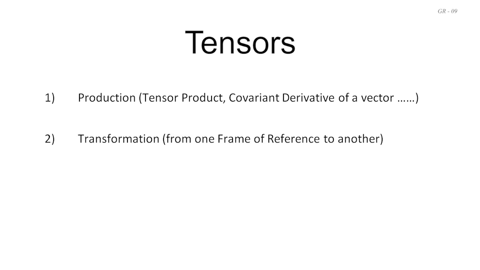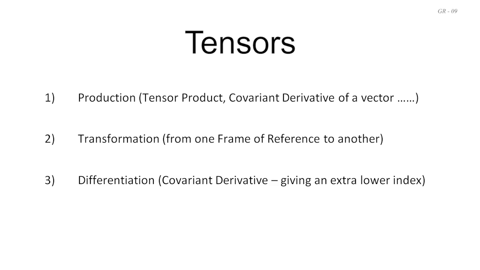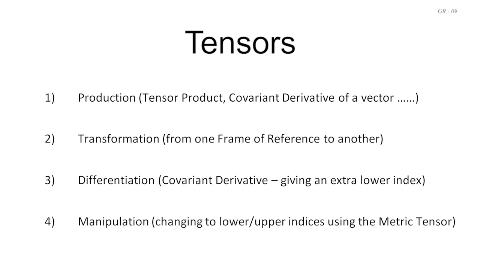Secondly, how their components can be transformed to those in another frame of reference and still represent the same tensor. Thirdly, how their covariant derivative can be calculated and the likely consequence of that. And fourthly, how different versions of them, upper, lower indices, can be found by using the metric tensor.